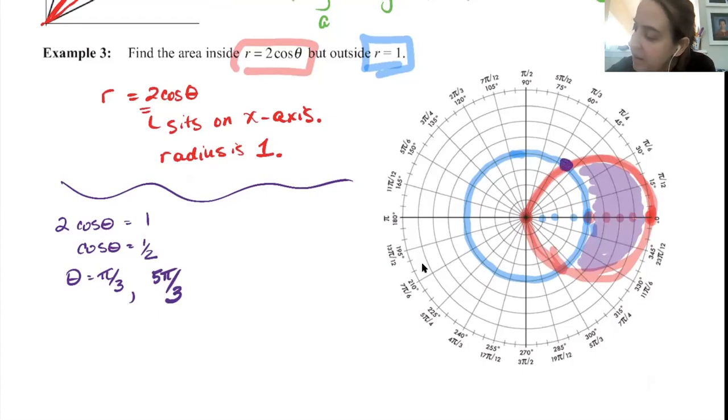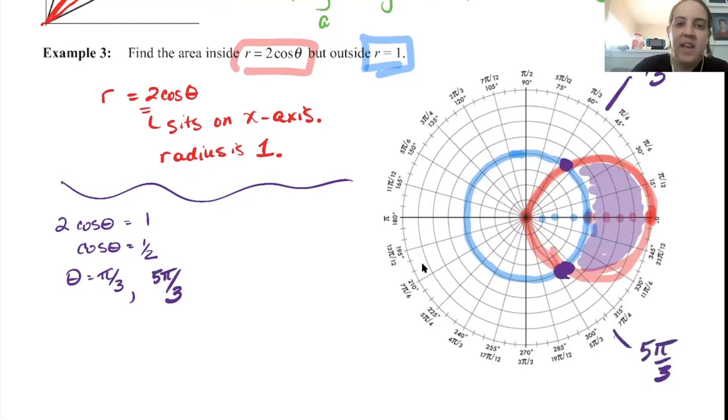So it intersects at pi over 3. And yes, indeed, this down here is 5 pi over 3. I know I missed my points a little bit, but that's okay, 5 pi over 3. However, if I go from pi over 3 to 5 pi over 3, that's really finding the area over here. And that would find the area inside the blue, but outside of the red.